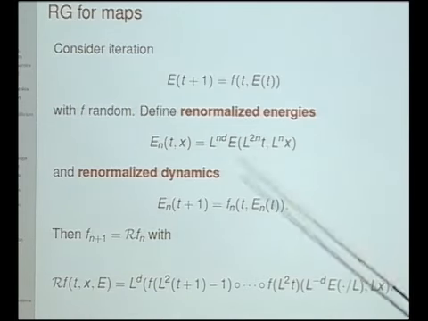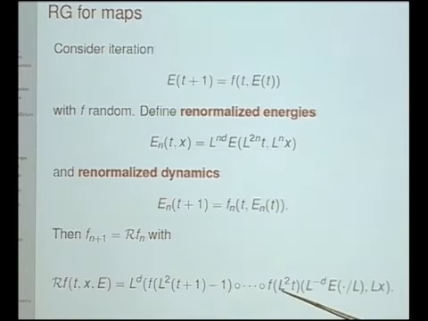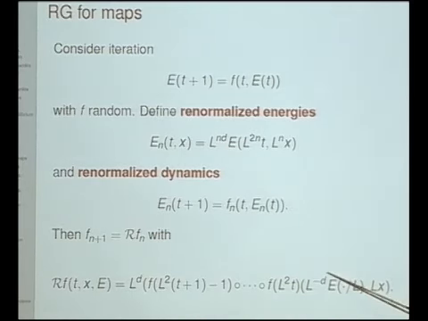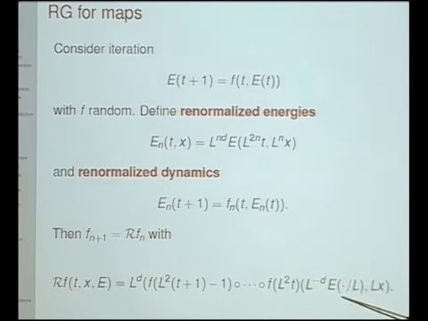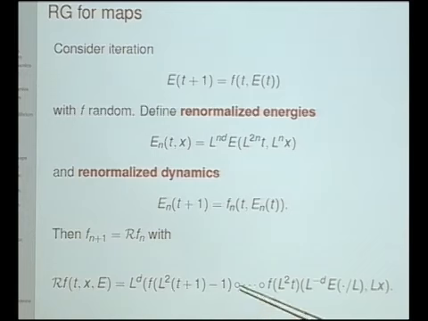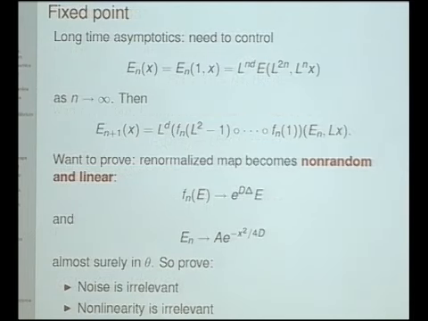So just take this big composition of the maps, and you get a new F. Of course, it depends on the randomness during this time interval. Then you do the L to D, which comes from there. There's a little scaling in the energies if you look at things carefully, and a little scaling in X. This is exactly the same formula which in the linear case is just the product of L squared random matrices, but now it's a composition of L squared random functions.